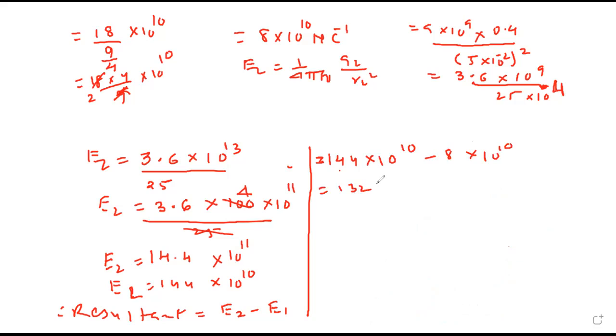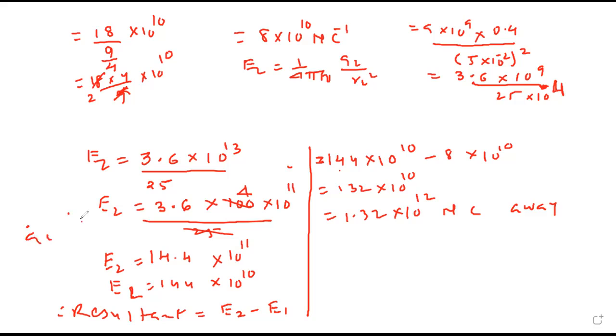That is 132 into 10 raised to 10. So 1.32 into 10 raised to 12 Newton per Coulomb, away. It is in the direction of E2.